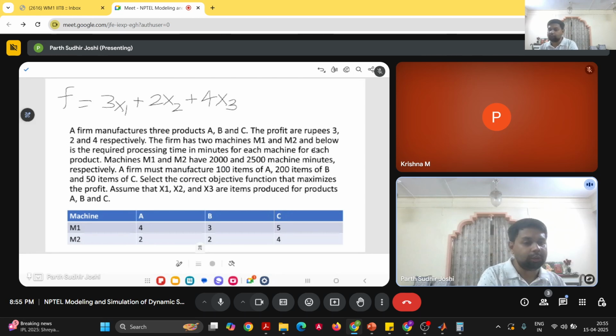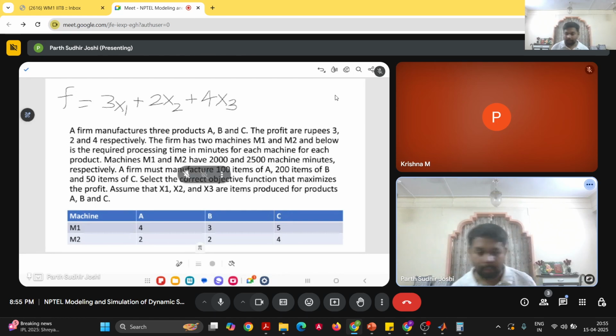So this will be our objective function value for this question.